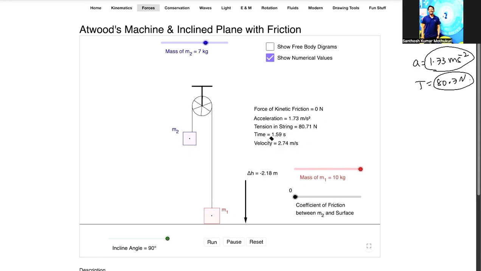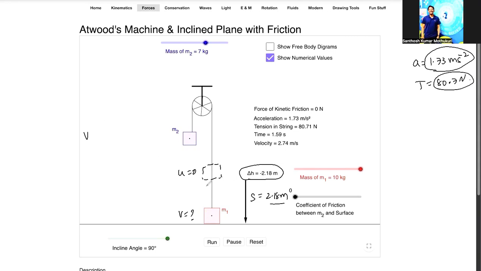We can also solve velocity and time using equations of motion. Let us imagine this is the initial position of this red color block and it has traveled 2.18 meters. It is shown here. So you can substitute in equations of motion to find the velocity. Initially, it is at rest, correct? Now the displacement from here to here is going to be 2.18. I'm ignoring the negative sign here.